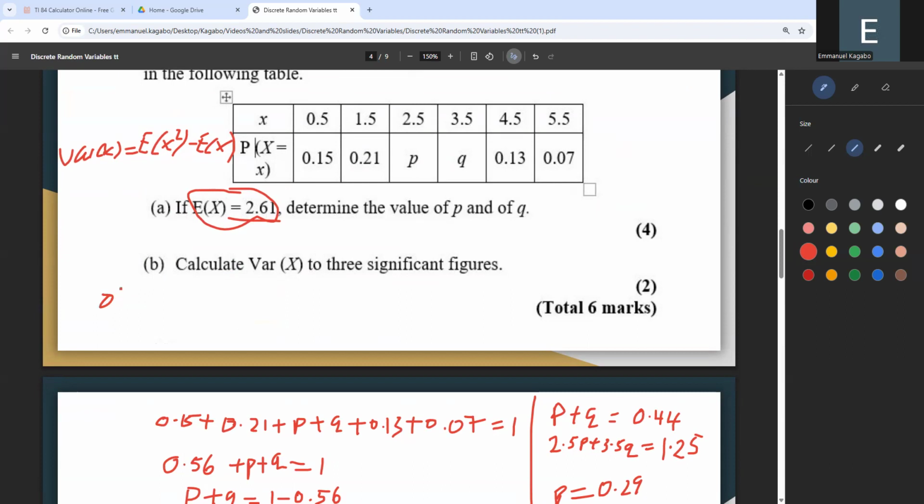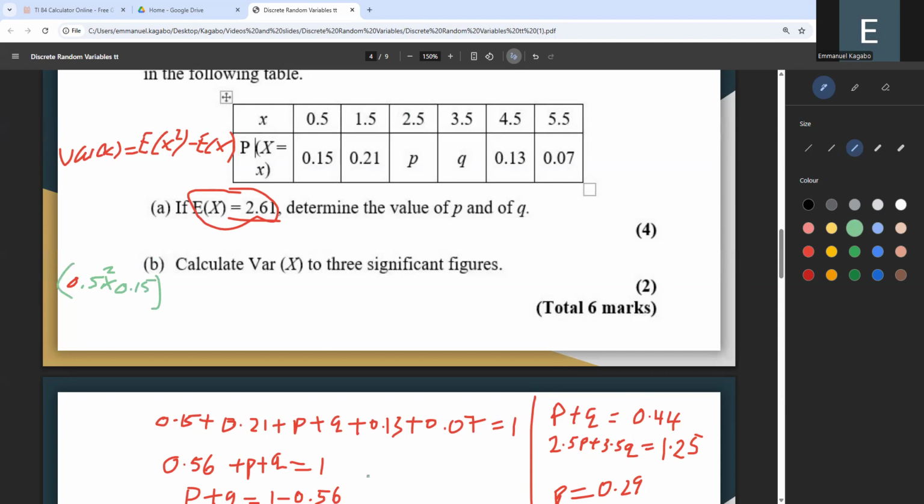0.5 squared times the probability of that, 0.15. Let me just try to hurry up very fast.